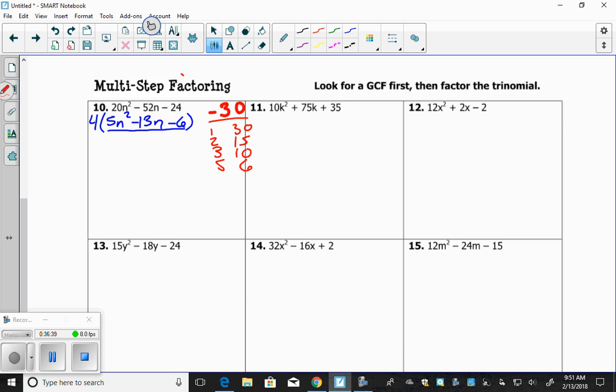My bigger numbers are going to be, so what are my small numbers? Positive. Okay, so which factors add to give me negative 13?